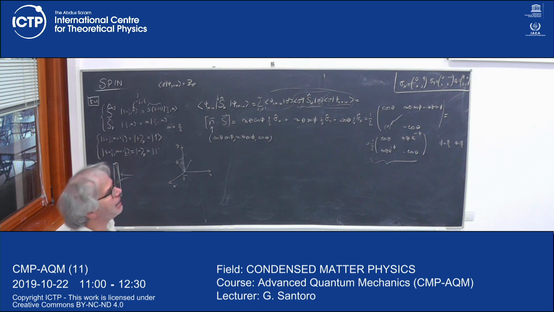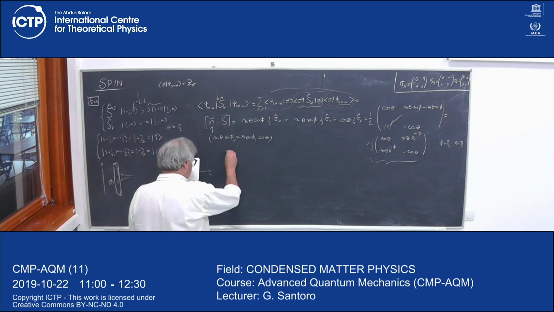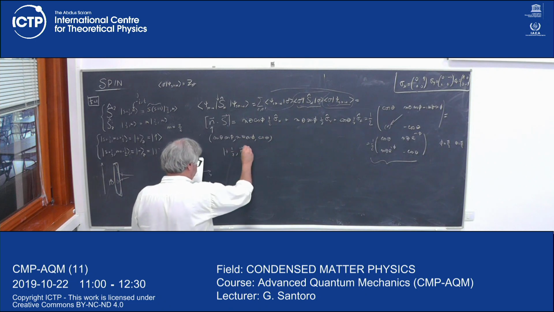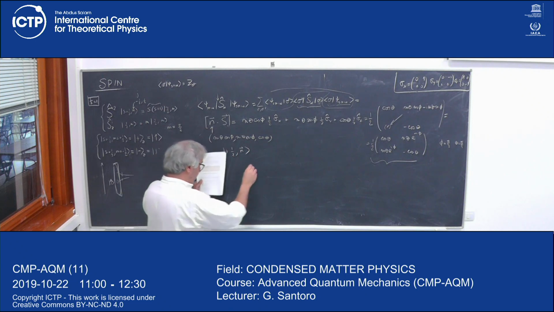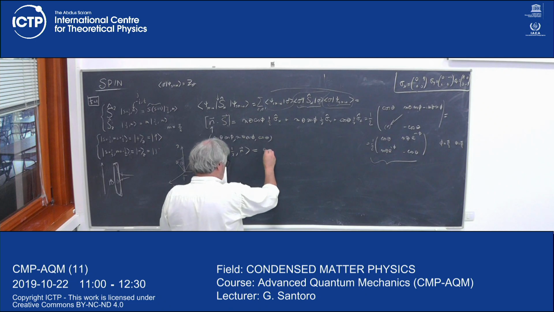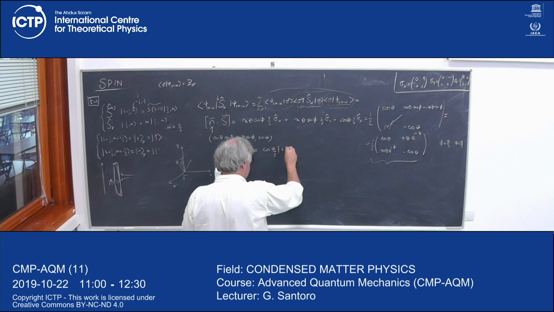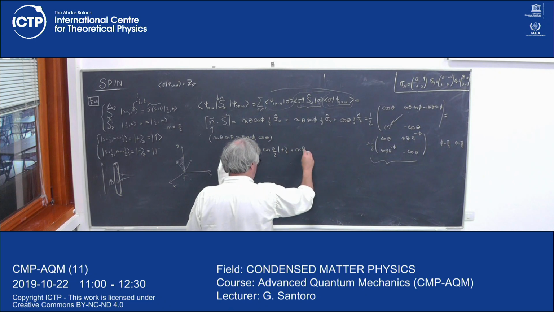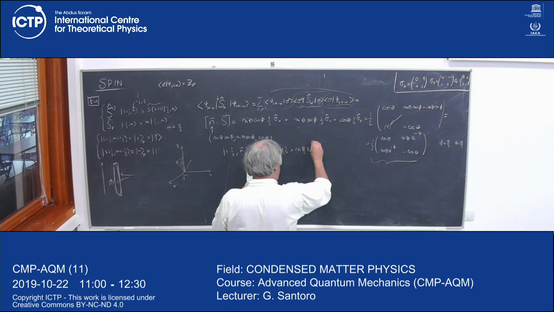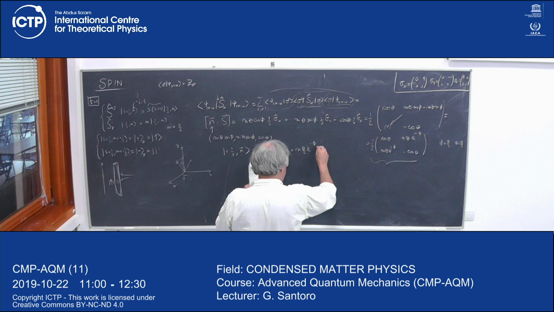In particular, you see that here I have only cosine and sine. And I ask you to do as an exercise to show that the following state, the plus 1/2 spin state in the direction n, is cosine of theta over 2 times the plus along z, plus the sine of theta over 2 times e to the i phi times the minus along z.